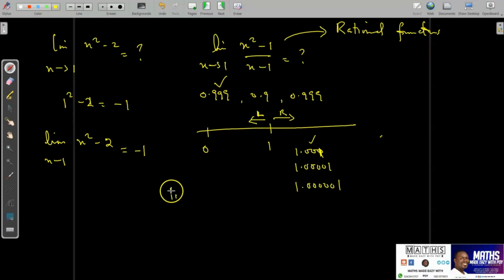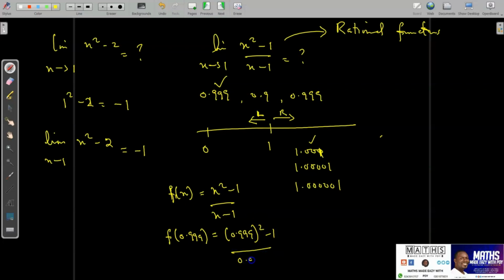So this time around, what if we have f of x equal to x squared minus 1 all over x minus 1, and we find f of 0.999, so we have 0.999 all squared minus 1 over 0.999 minus 1.